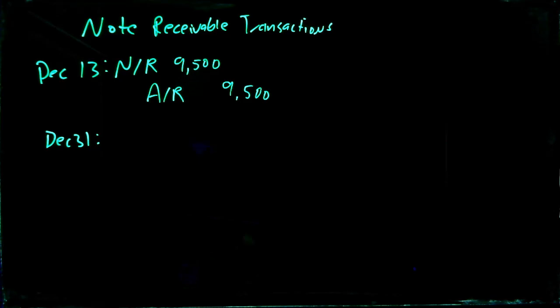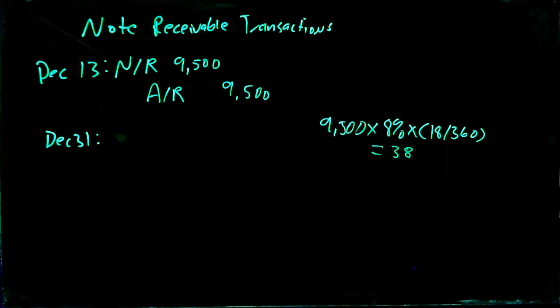So if we look at this, we take our $9,500 multiplied by the interest rate, which we're told is 8%, and then we convert that into a daily rate, 18 over 360. We end up getting $38.